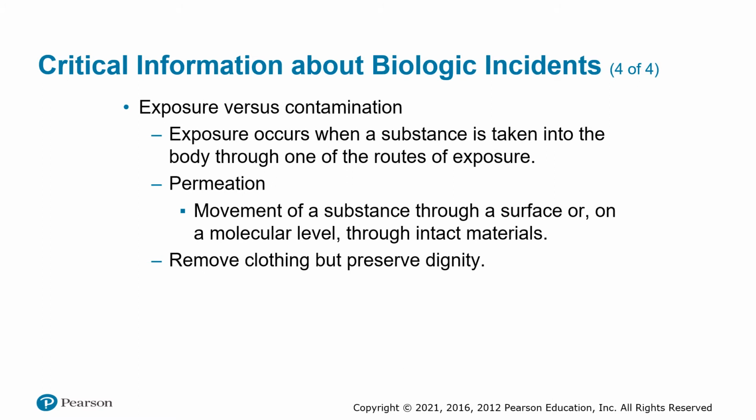So, exposure versus contamination: an exposure occurs when a substance is taken into the body through one of the routes of exposure. Permeation is the movement of a substance through a surface, or on a molecular level through intact materials. So we want to remove clothing but preserve the dignity of the patient.